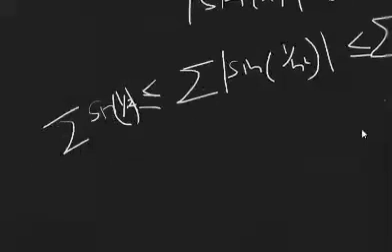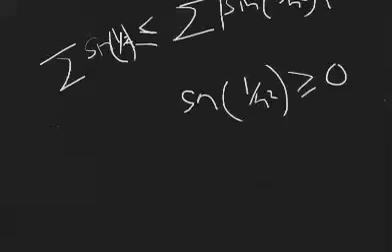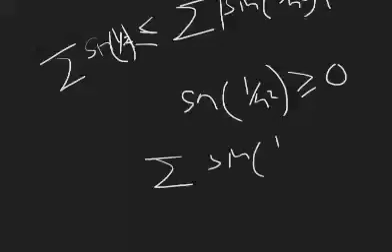Since sine of 1 over n squared is positive, absolute convergence is the same as convergence. Therefore this series, sine of 1 over n squared, is convergent.